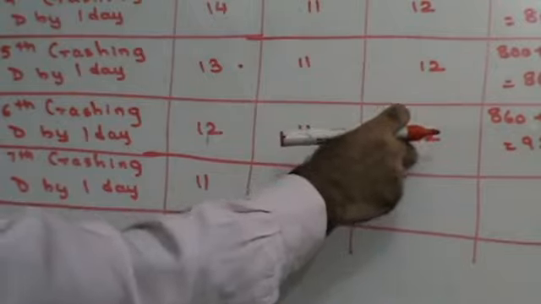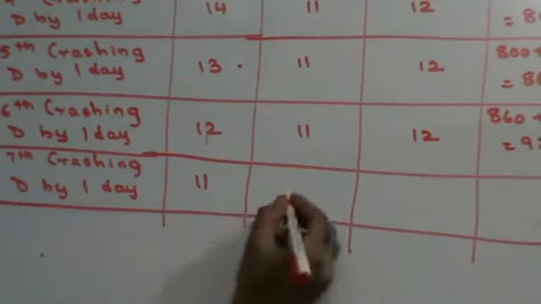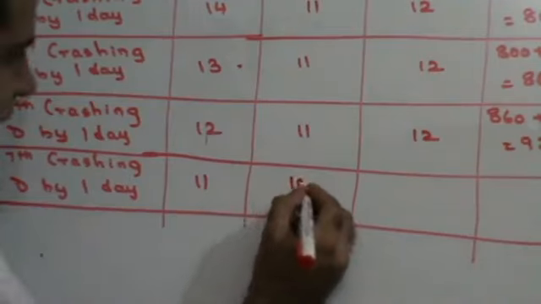So although I do not have a D in the other 2 paths, I will still crash them. So this will now become 10 days and this will now become 11 days. I have to make sure that my critical path is the path having maximum duration.